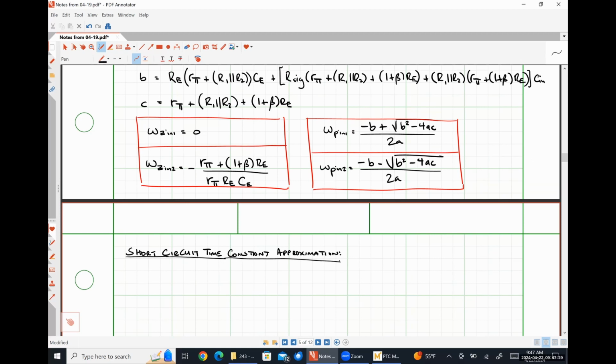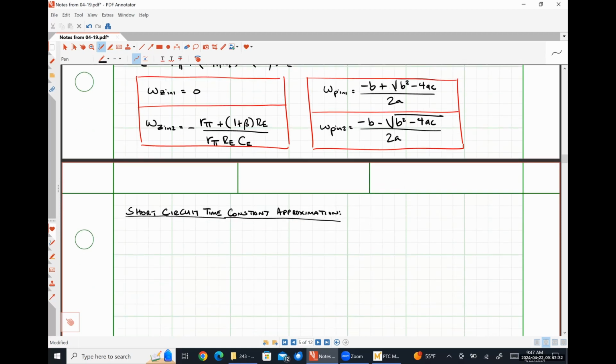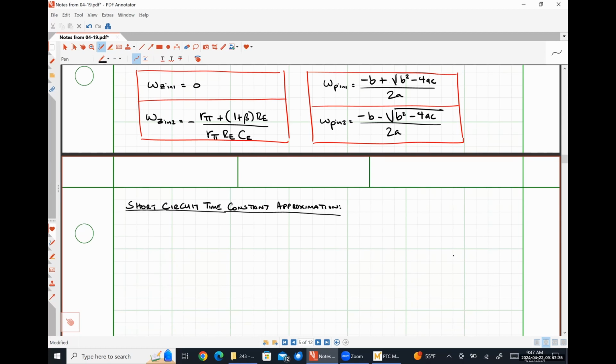All right, so in the short circuit time constant approximation, let me explain effectively what we're going to be doing. So we are going to say that omega low, which is our low frequency cutoff, should approximately be equal to the sum from i equals 1 to n of the inverse of the time constants associated with each capacitor in our network.